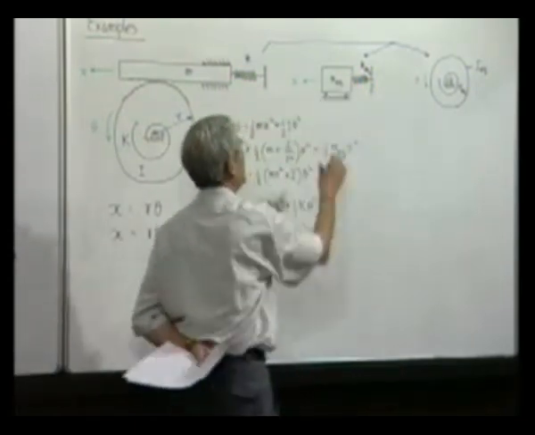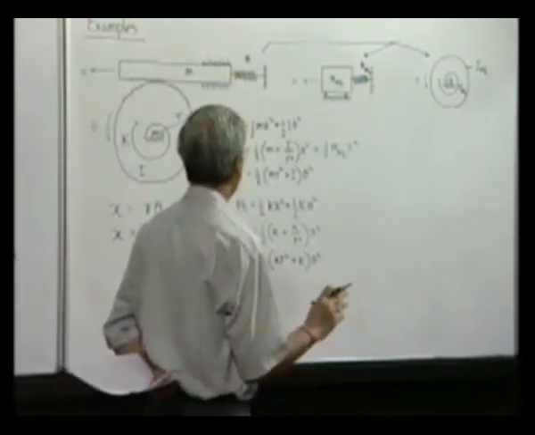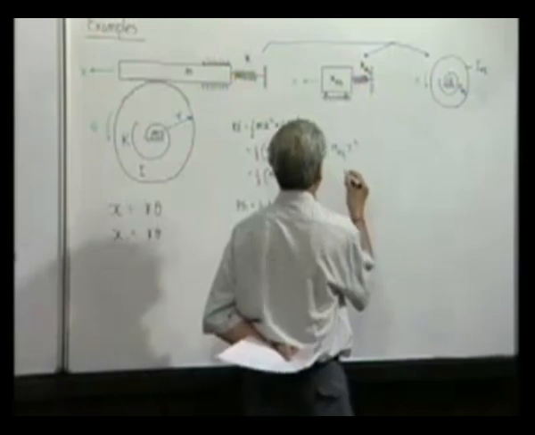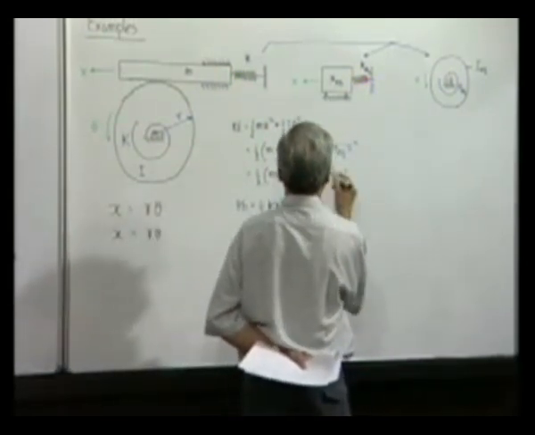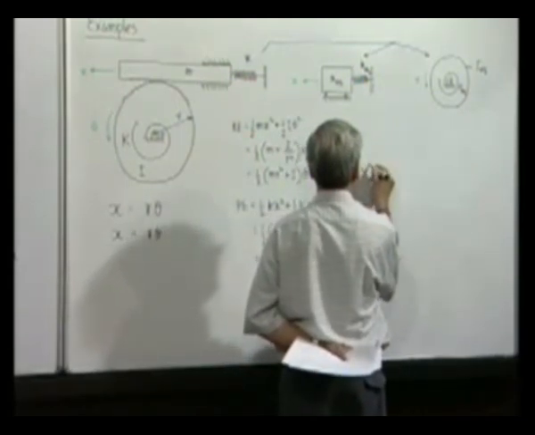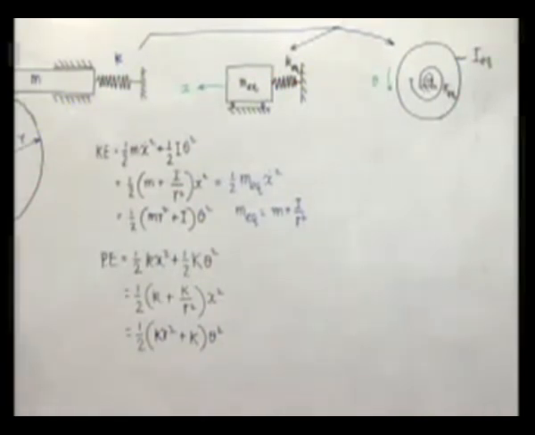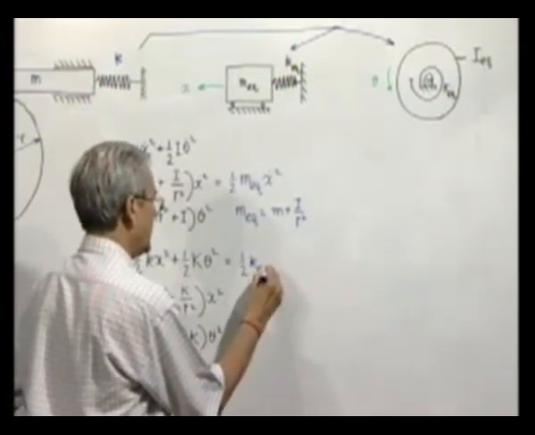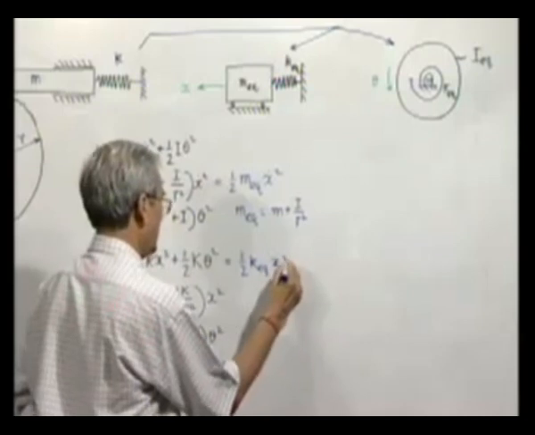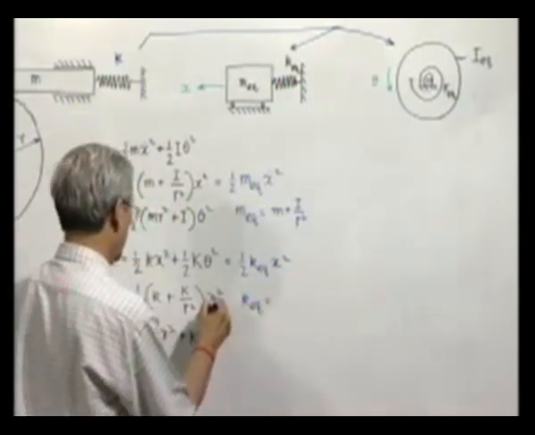That is the kinetic energy of the equivalent system with the same velocity, which you have to always keep in mind. So, we get M equivalent as this. Now K equivalent: this is equal to half K equivalent x square. So, therefore, we get K equivalent as this.